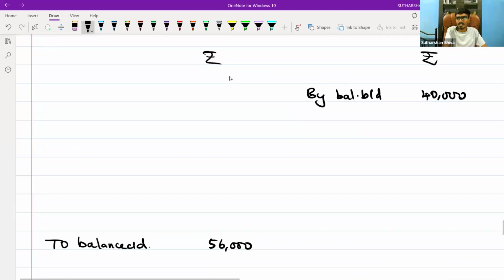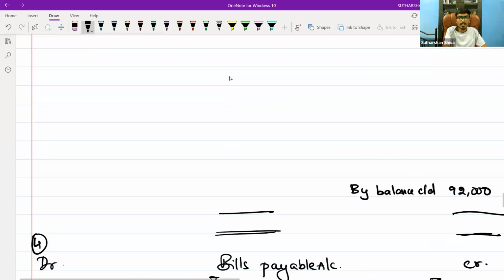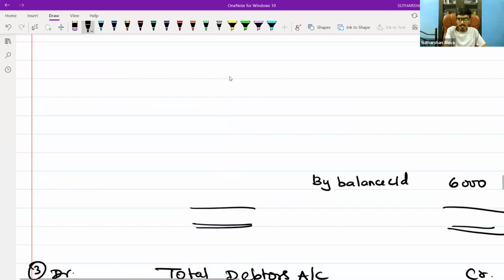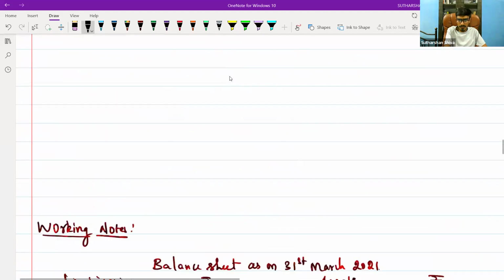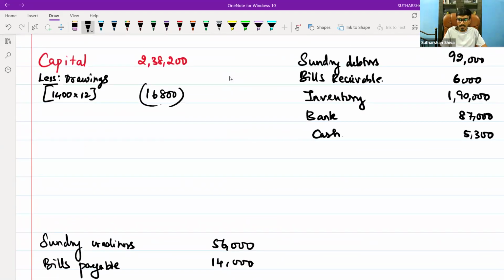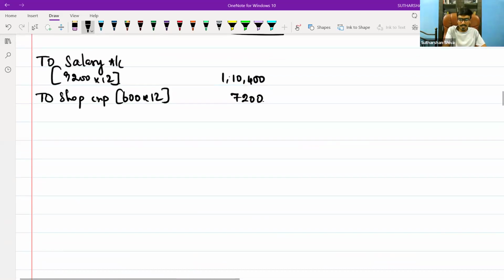As it is a capital expenditure, all capital expenditure should appear on my asset side. So I will go to my balance sheet and write down furniture 25,000. Give a reference, working note 6. It means I have purchased new furniture. Then that adjustment is done.